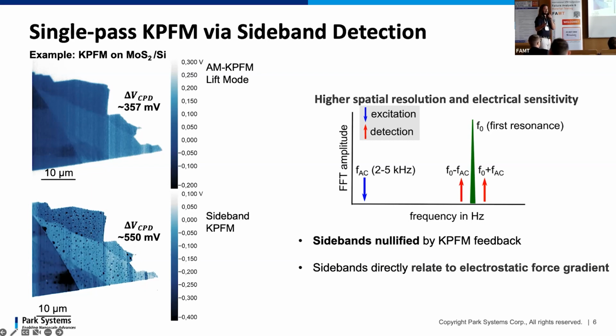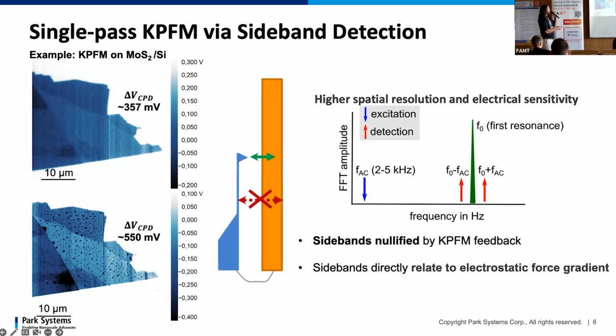Our KPFM feedback now does not minimize the amplitude at the driving frequency, but instead minimizes the amplitude of these sidebands. This has the advantage that the sidebands directly correlate to the electrostatic force gradient, not the force itself, which has a far shorter range. This means we can basically get rid of the background electrostatic influence of the cantilever beam and only see the signal, or mostly see the signal, between the tip apex and the sample interaction.